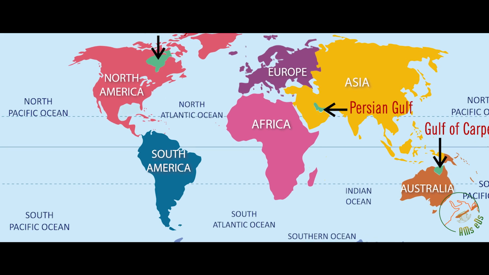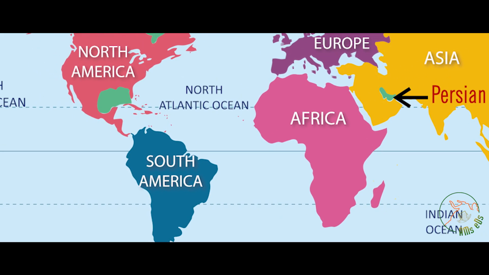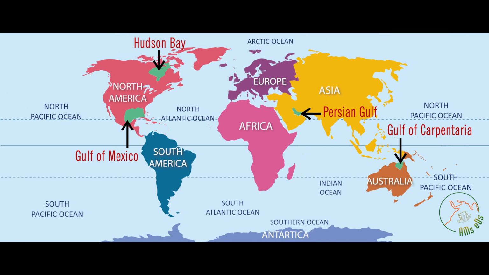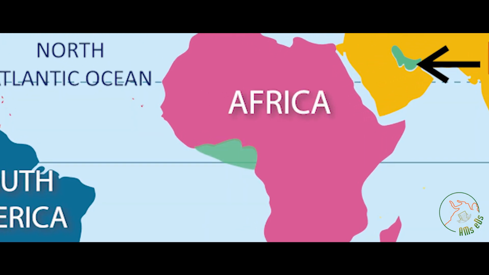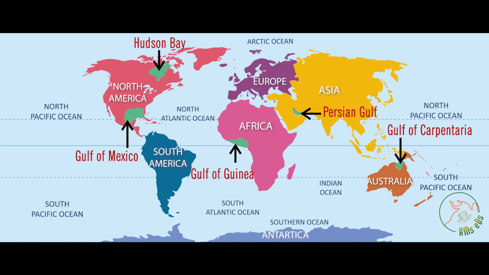The Gulf of Mexico is a marginal sea of the Atlantic Ocean at the southeastern periphery of North America. The Gulf of Guinea is the northeasternmost part of the Atlantic Ocean.